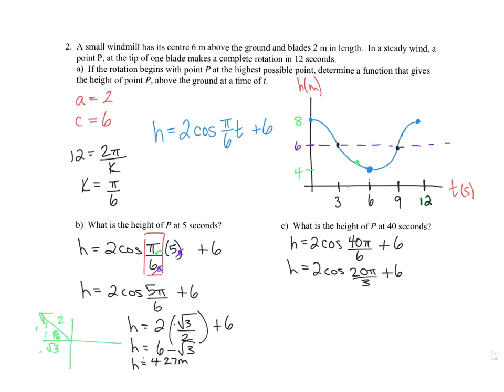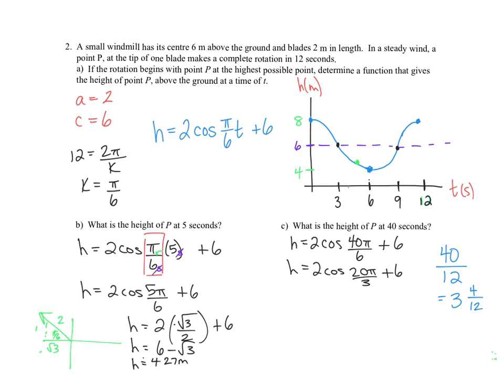However, I would argue that let's think about this in terms of it being periodic. It repeats every 12 seconds. So if we have rotated for 40 seconds, if that takes 12 seconds per cycle, we have rotated 3 full cycles, because that gets us to 36, and we are 4 seconds into that next cycle.